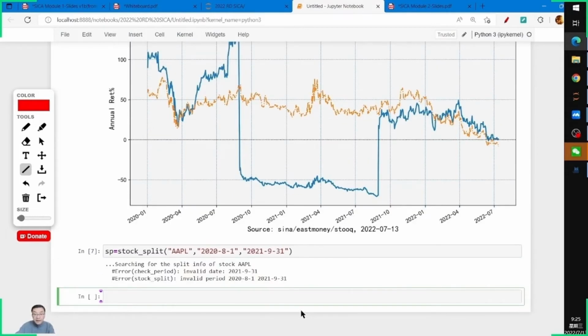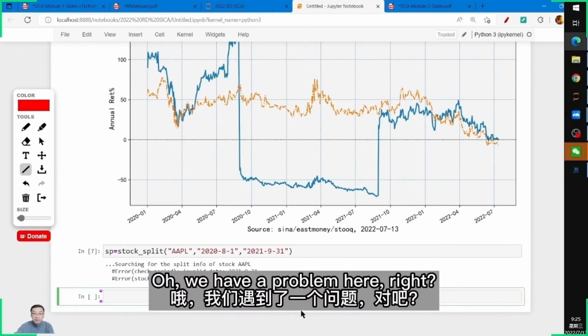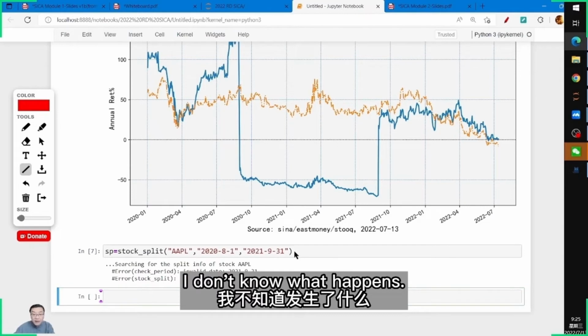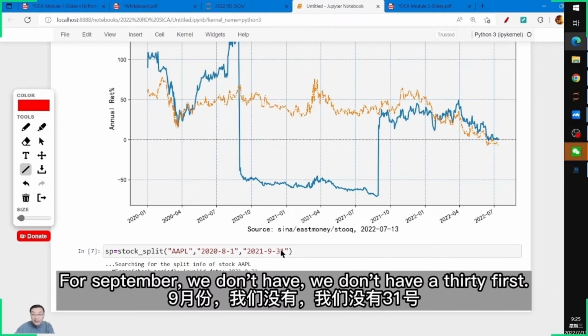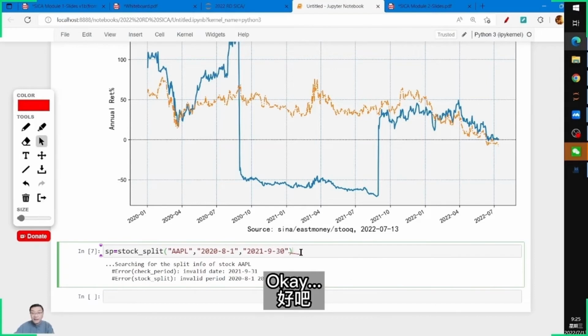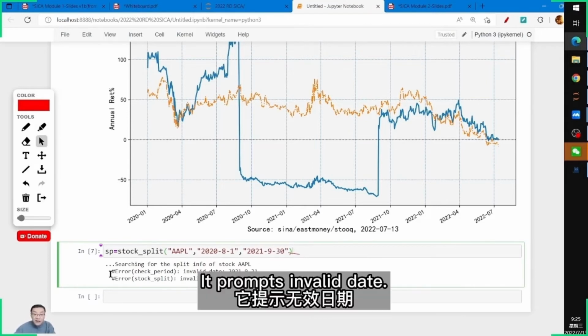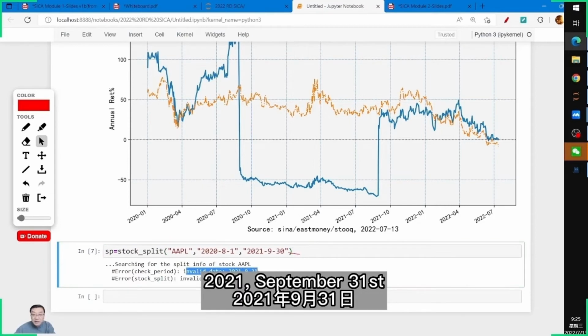Let's try. Oh, we have a problem here, right? I don't know what happens. Invalid. Okay. For September, we don't have a 31st. It prompts invalid date, 2021 September 31st.